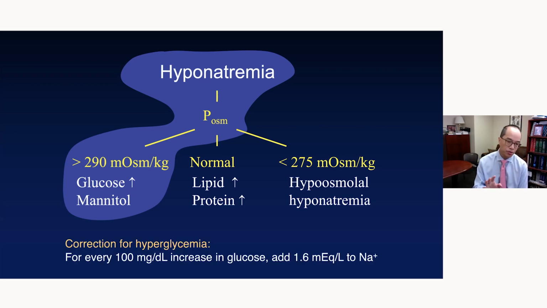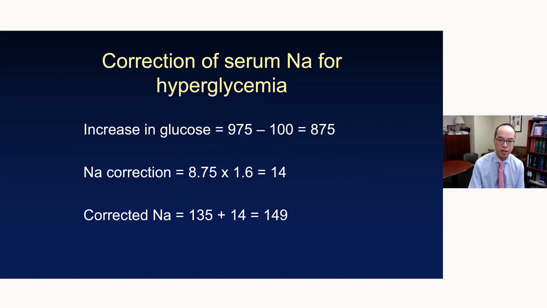And what the correction is really doing is not saying that your serum sodium measurement is wrong. What it's saying is that you need to understand what would the serum sodium be were the glucose to be normal. And so that's what the sodium will be once you've given insulin and corrected the glucose. And it's adding 1.6 for every 100 mg per deciliter the glucose has increased.